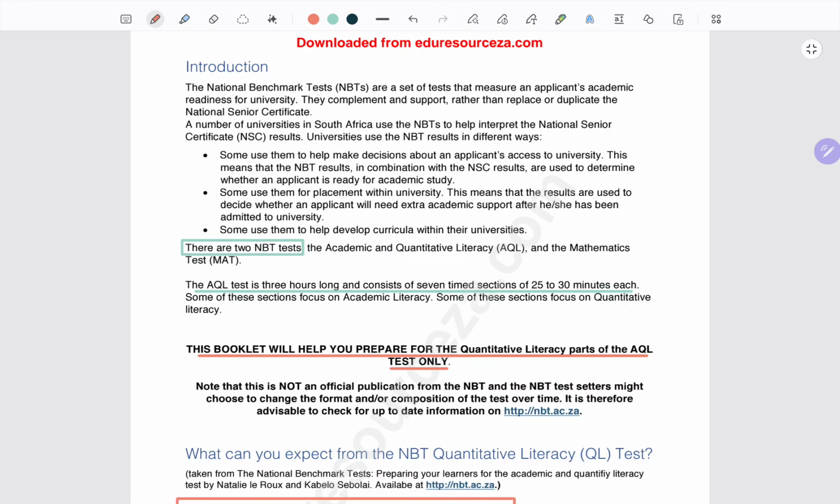Anyway, we know that this AQL test, folks, is 3 hours long, just like the MAT test, but then there are 7 timed sections. This time you're not at liberty to rock back and forth depending on what you could answer early or not. Remember, this one doesn't really test your proficiency in the subject.